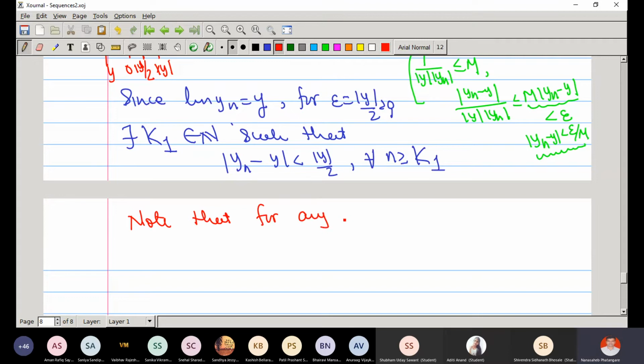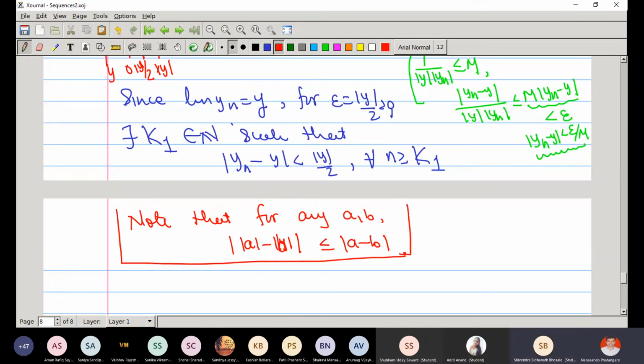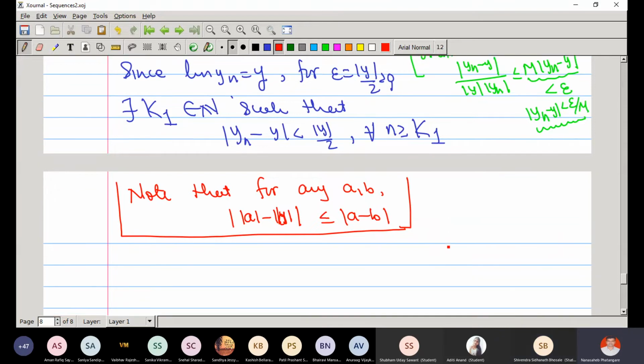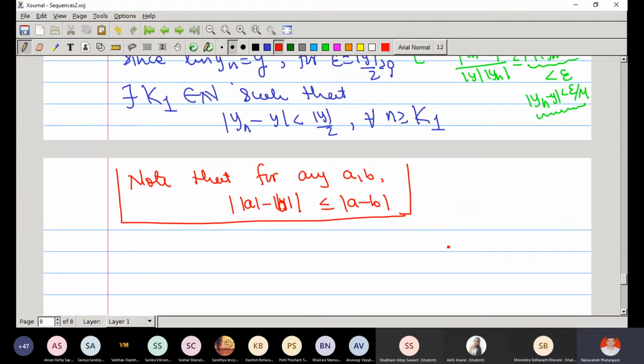For any real numbers a and b, the absolute value of absolute value of a minus absolute value of b is less than or equal to absolute value of a minus b. Is it true? Yes, sir. Reverse triangle inequality. Right, this we already know. Okay, now can I use this here?